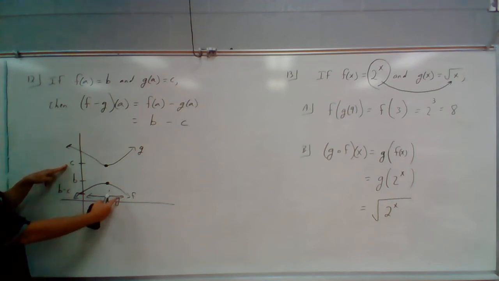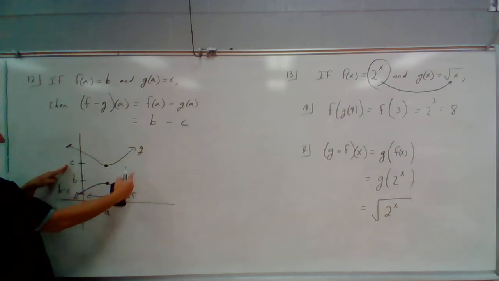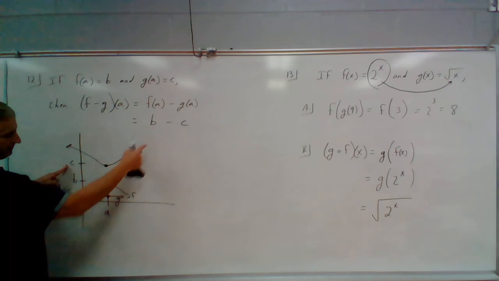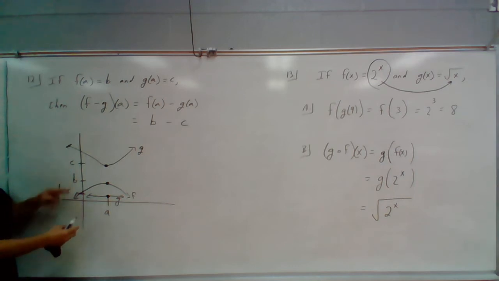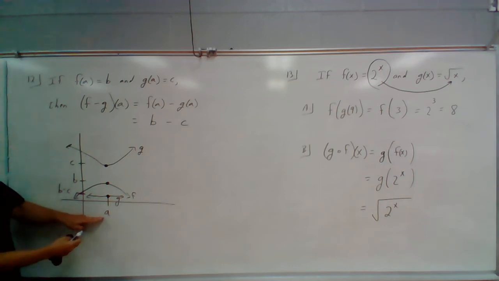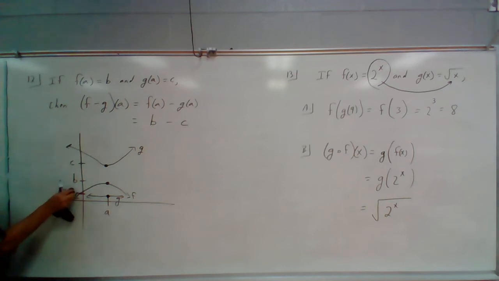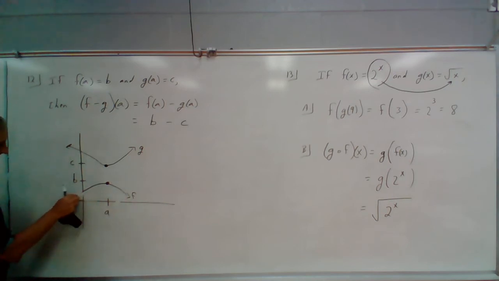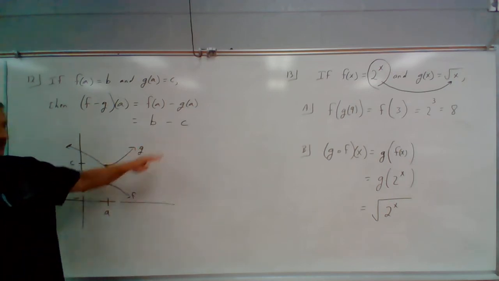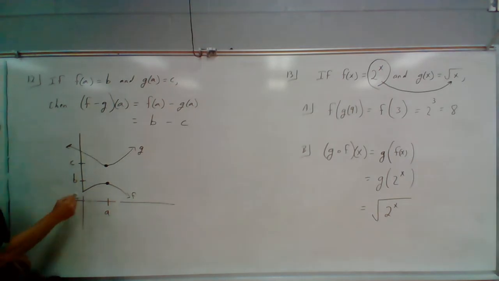So if g of a was equal to b minus c, then I'm subtracting a bigger number from a smaller number, which would mean that g of a needs to be a negative number. So this graph wouldn't be right the way I drew it. Again, that has no bearing on the answer to the problem. It just bothers me that I didn't really draw that correctly.